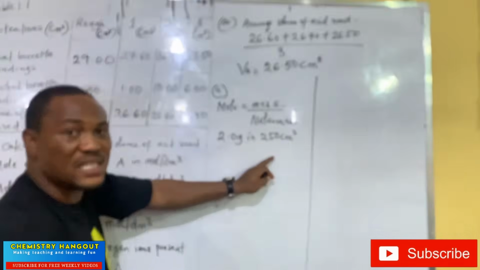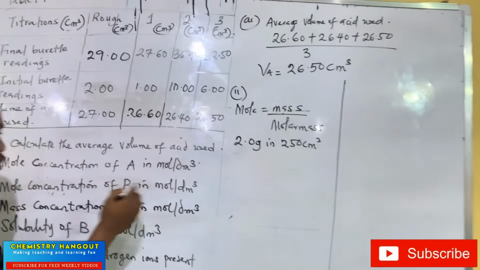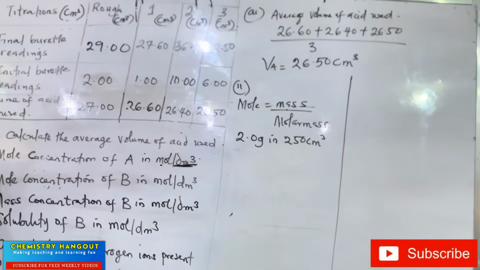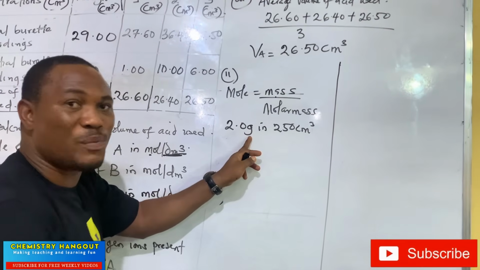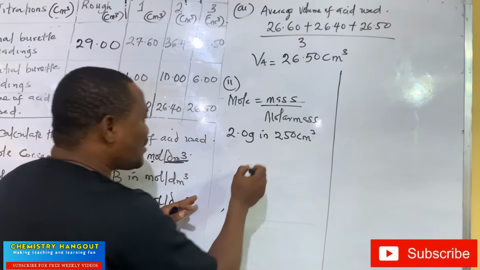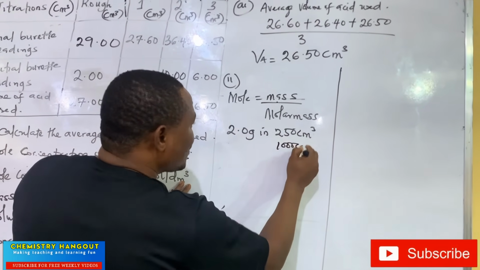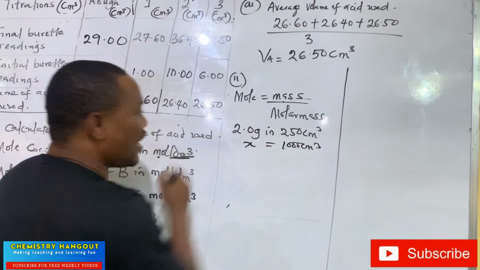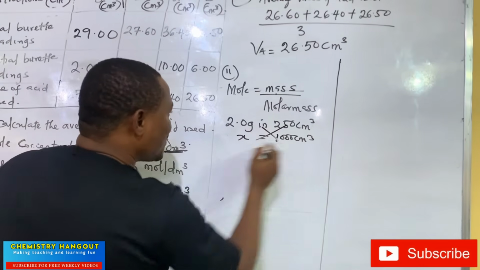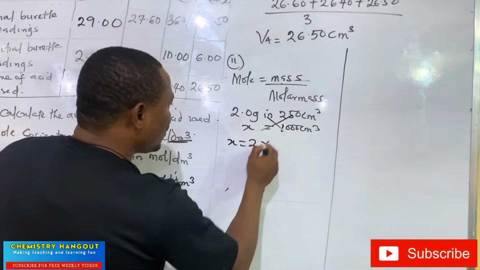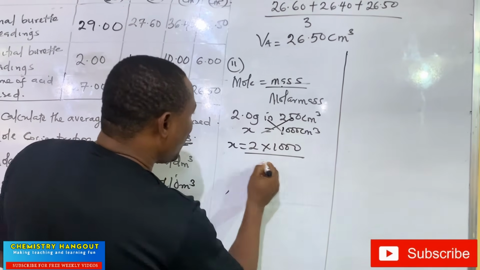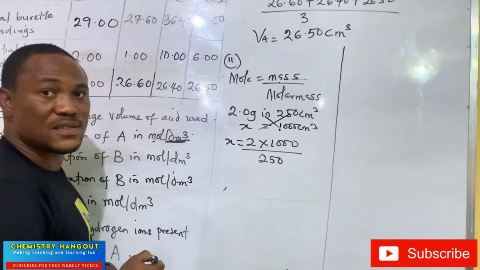And we know we cannot use this, the standard measurement, because we are calculating in mole per dm cube. Definitely this one too should be gram per dm cube. I can now say since 2.0 gram in 250, 1000 centimeter cube will be what? Will be x. Did you see that now? So I can cross multiply. X will be 2 times 1000 over 250.